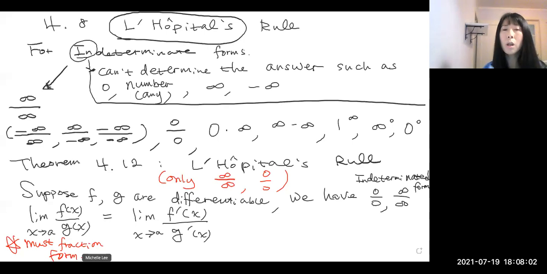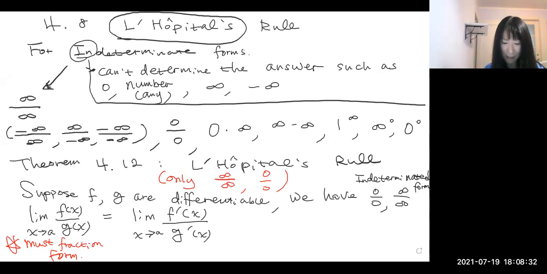Okay, so in order to use L'Hopital rule, it must have indeterminate form, which is 0 over 0 or infinity over infinity. Then it must be fraction form, right? Then we can take derivative, look, f prime of x over g prime of x, right?